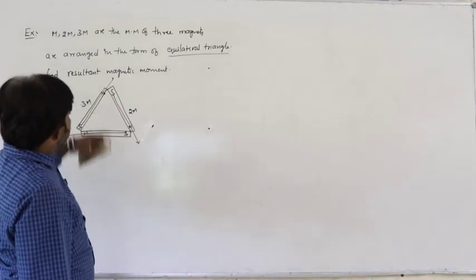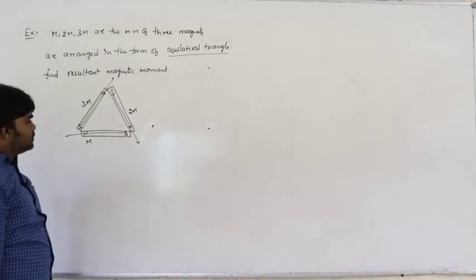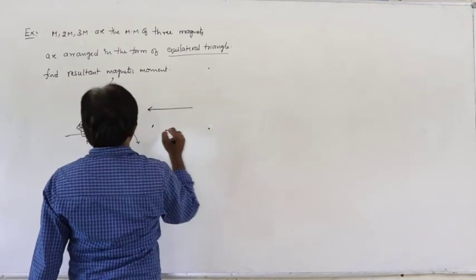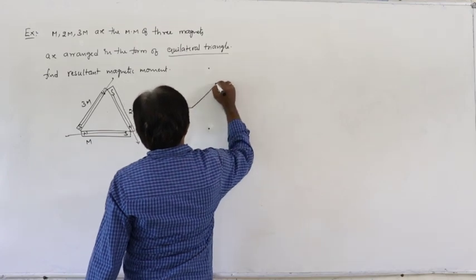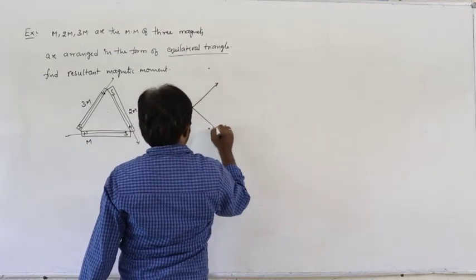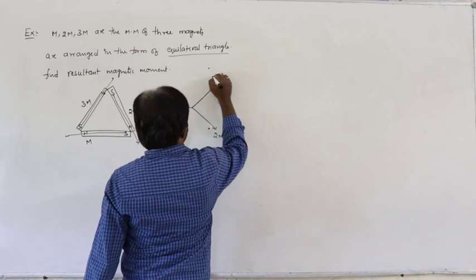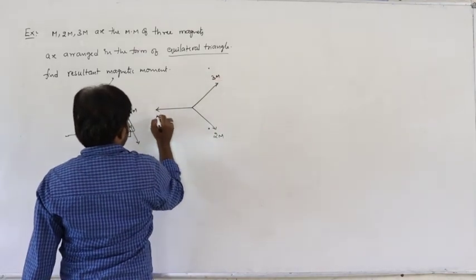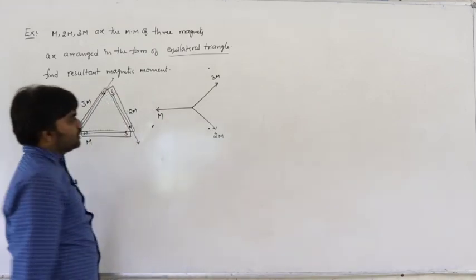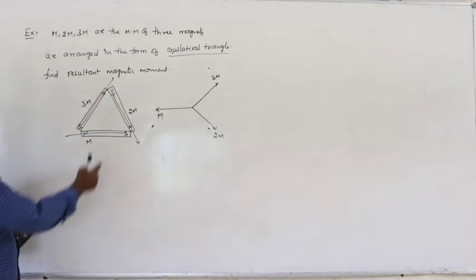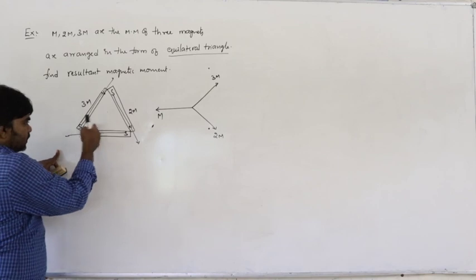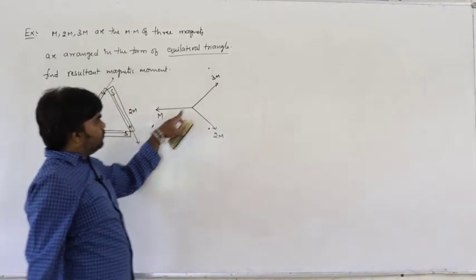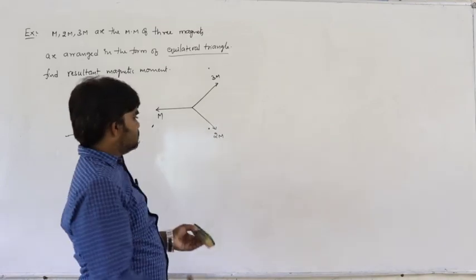Now we have to calculate the resultant magnetic moment. See here, this is M, this is 3M, and this is 2M. I am considering it like this. Here it is M, and these vectors must be drawn from here. So M, 2M, 3M like this.